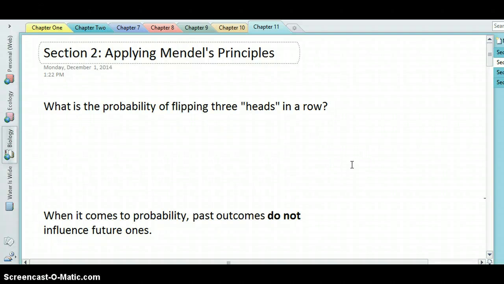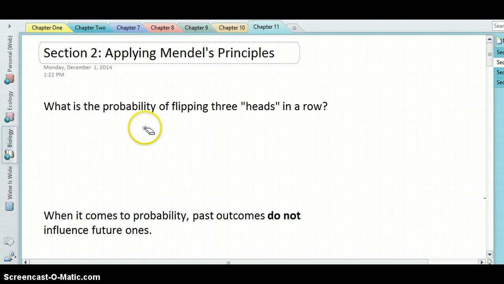Now let's discuss Chapter 11, Section 2, the application of Mendel's principles. We have to think a little bit about math and probability here, because genetics comes down to figuring out the probability of certain events, certain combinations of things happening.